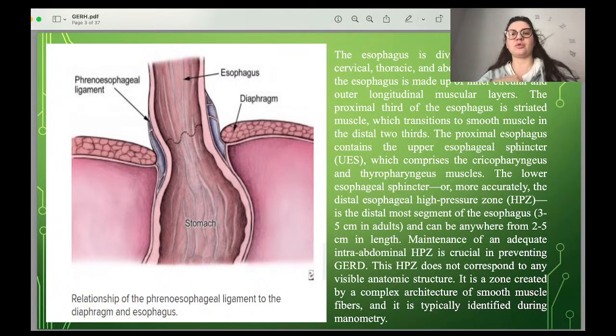We can say that in this region there is a high pressure zone. It is individual in each patient, and individually you can check it only by intraesophageal manometry with a catheter. You see the anatomy of this place of the lower esophageal sphincter or lower high pressure zone, and its structure on the scheme on the picture.